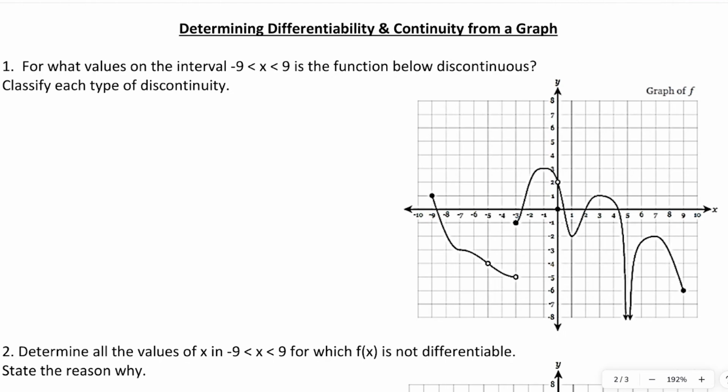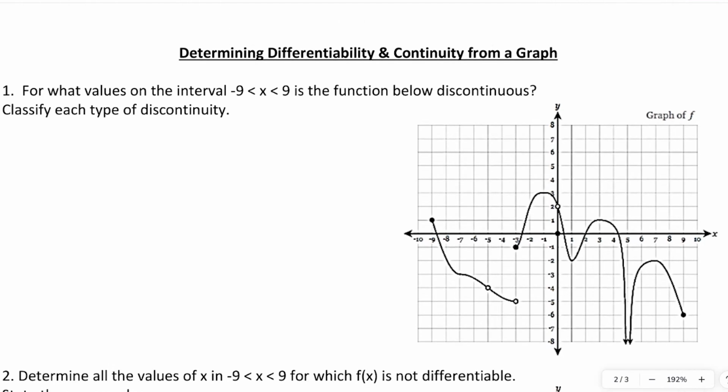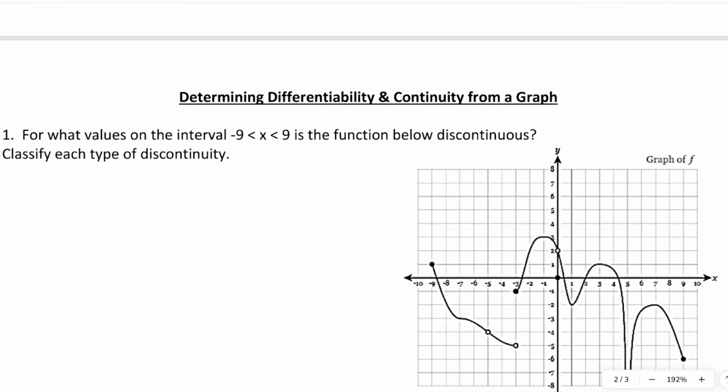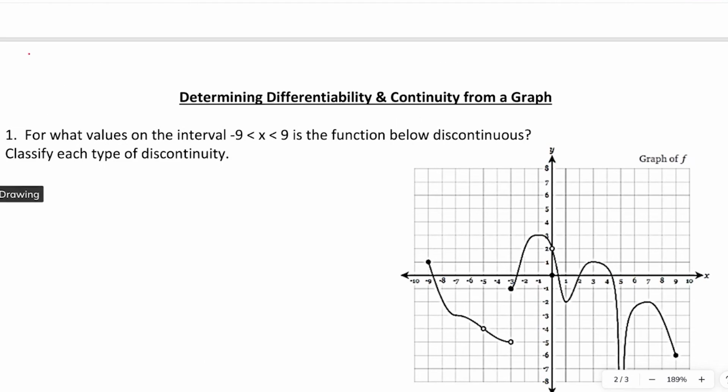This is kind of a review from Unit 1, but the different types of discontinuities we have are removable and non-removable. Removable discontinuities are where the limit exists.